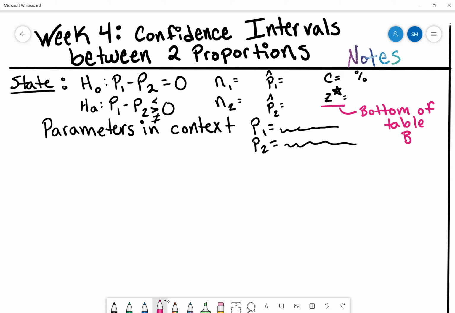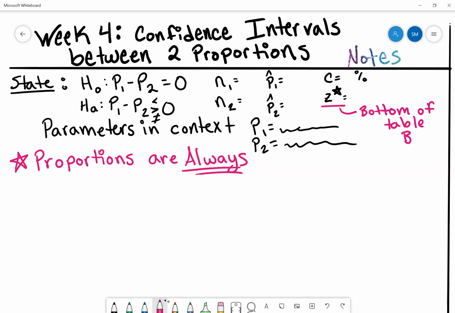And also one really super important thing that everyone seems to forget: proportions are always less than 1.